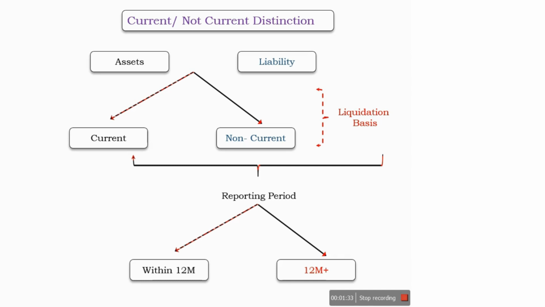The purpose of this classification is just to provide information by distinguishing the net assets that are circulating as working capital from the assets that are in the separate segment of long-term operations. So the purpose of this classification is this.